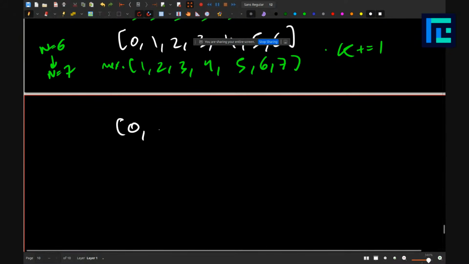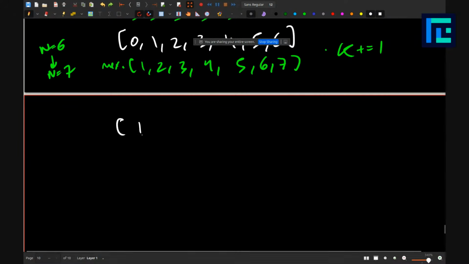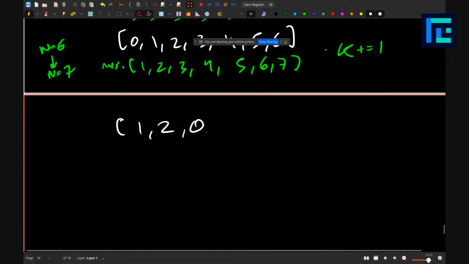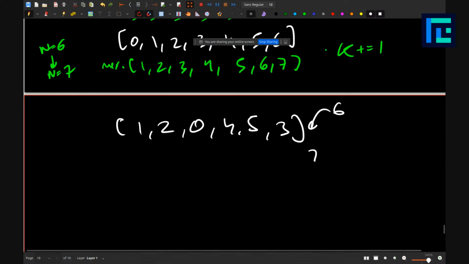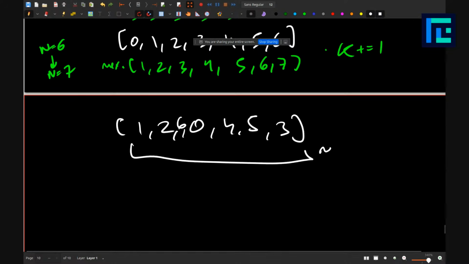Let's say we have 1, 2, 0, 4, 5, and 3. If we add a 6 at the end, then we will have a new possible MEX of 7. But if we add a 6 somewhere in between, the number of possible MEX does not change.